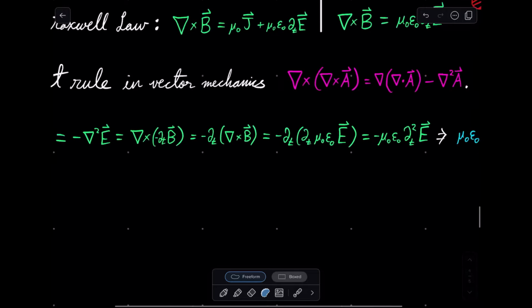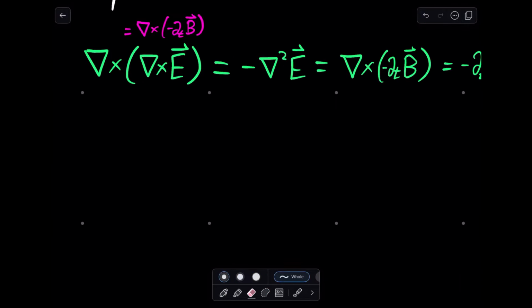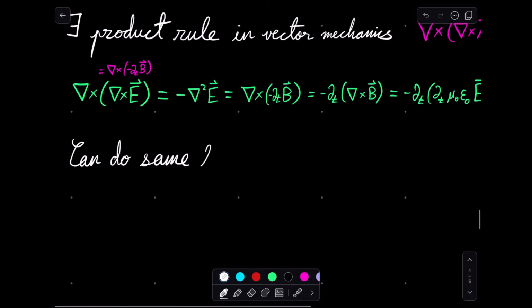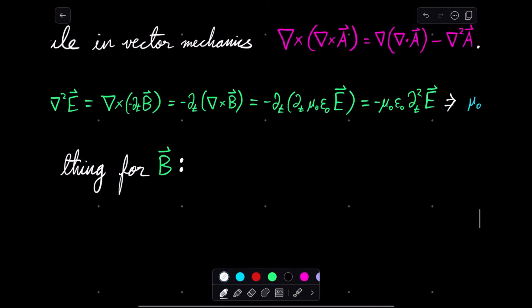And you can do the same exact thing for B. I'm not going to, just because it's pretty much doing the exact same thing done here.